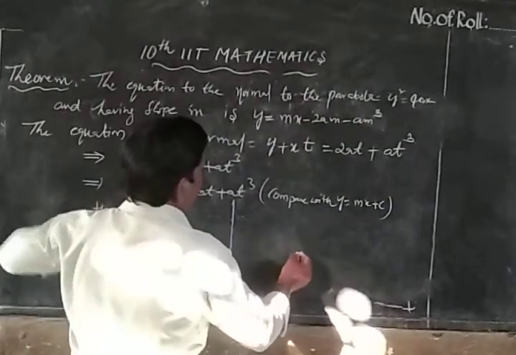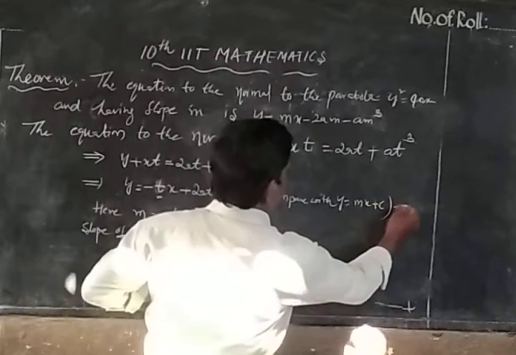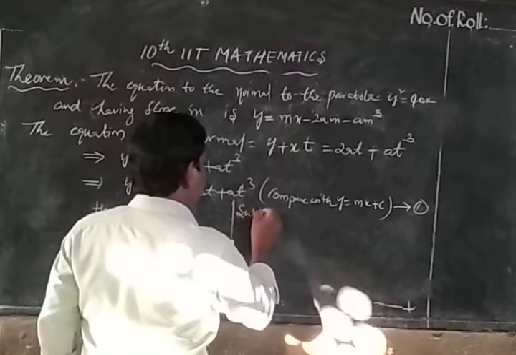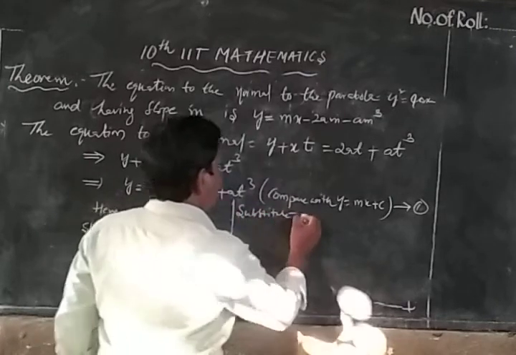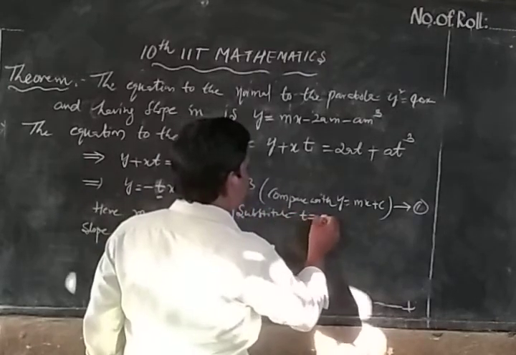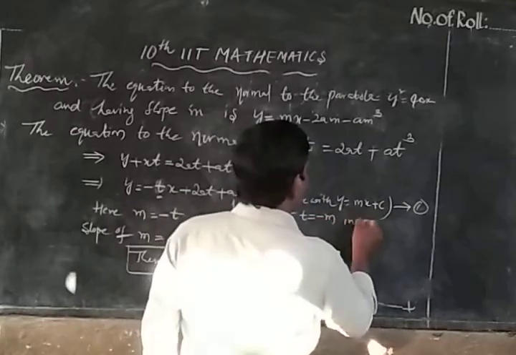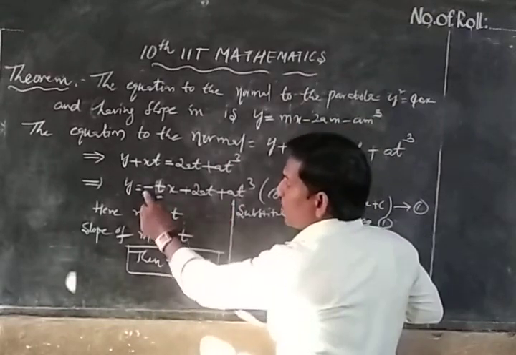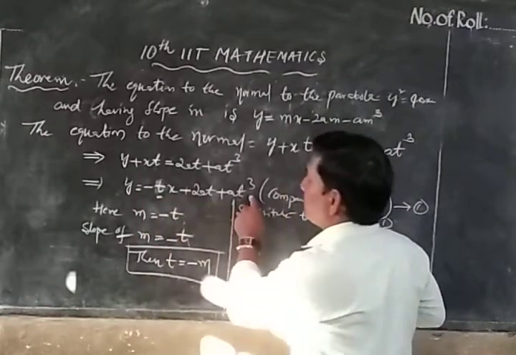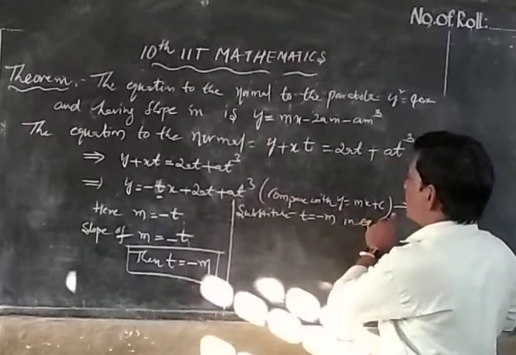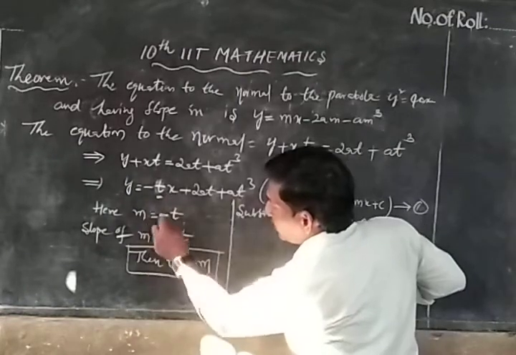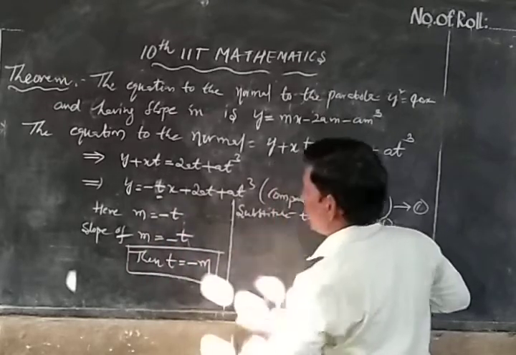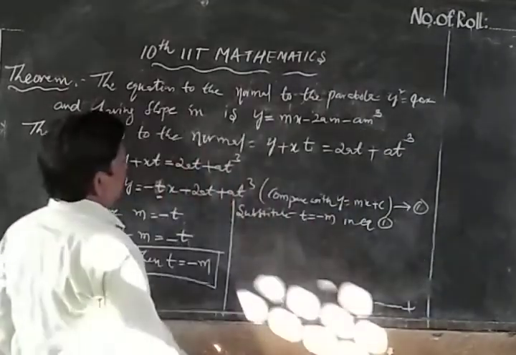This is equation 1. Substitute t = -m in equation 1. After the rearrangement, y = -tx + 2at + at³. Compare with y = mx + c. In the place of m, which one is there? Minus t is there. So m = -t, then t = -m. So substitute t = -m in equation 1.